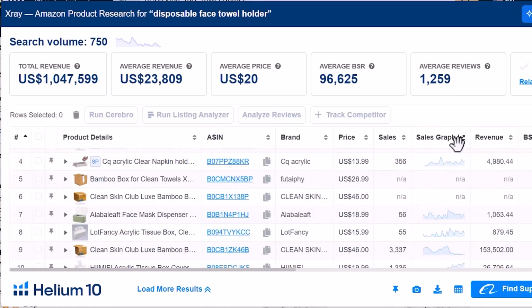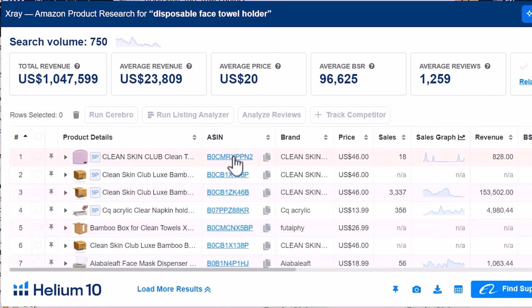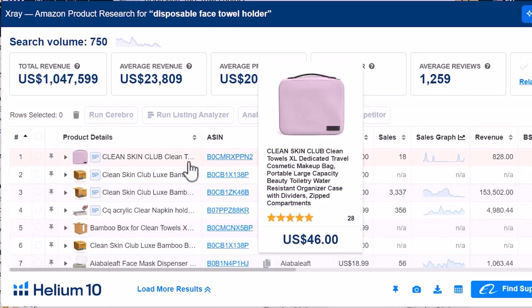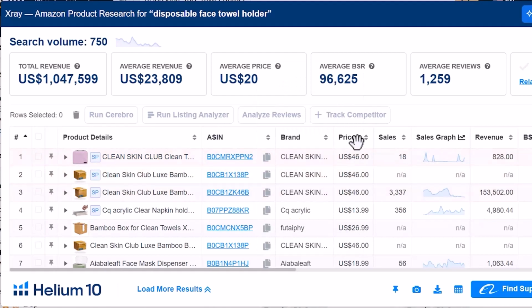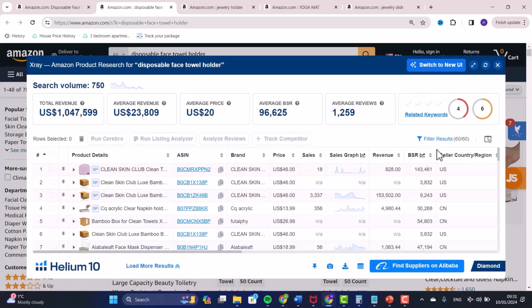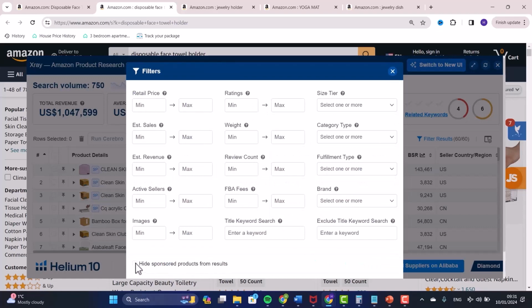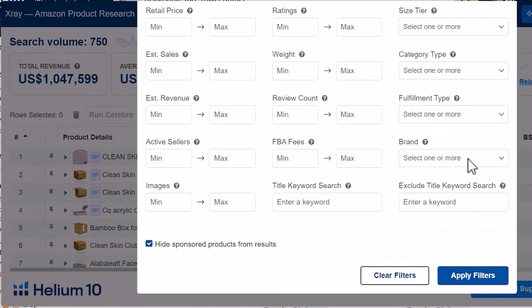Let's look at this. This is X-ray. We have the ASIN, which is the number that Amazon gives to each product you put in the catalog, and then you have the price, the brand, the sales. This is the number of units, and then the revenue. Let's filter this, hide all sponsored products. We want to judge the sales based on their organic.